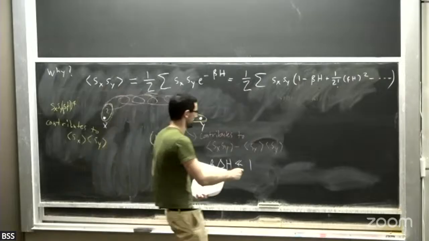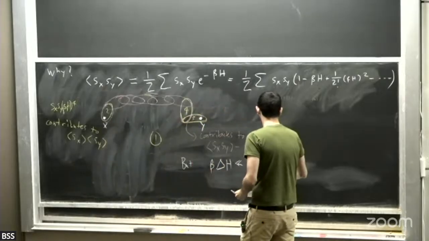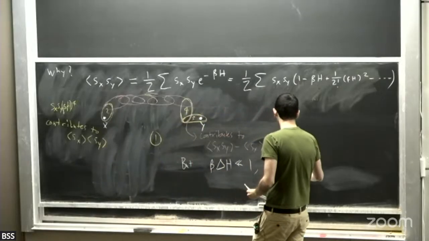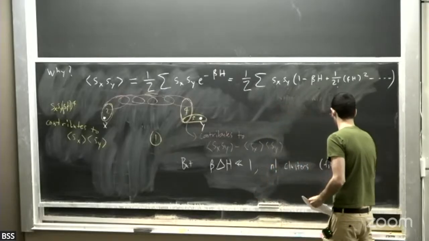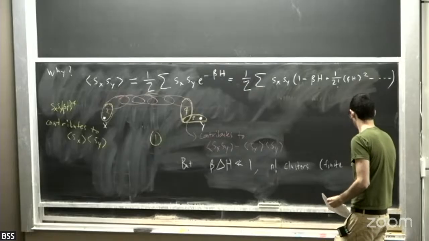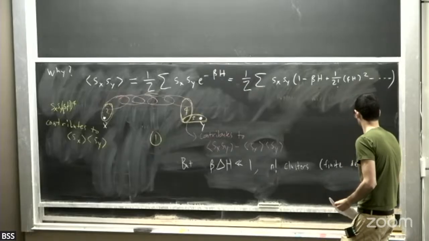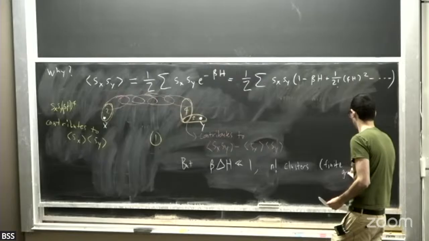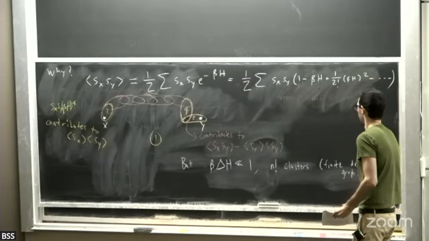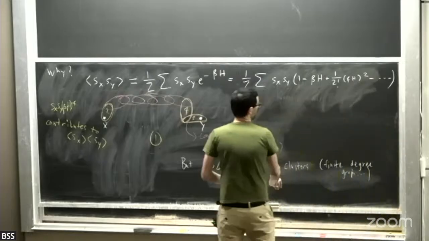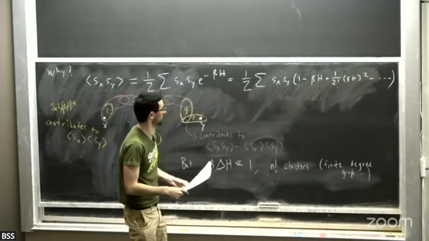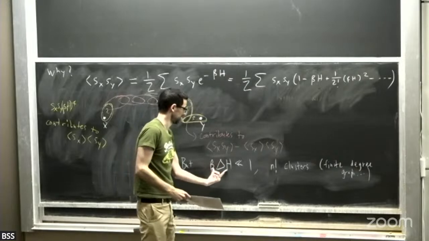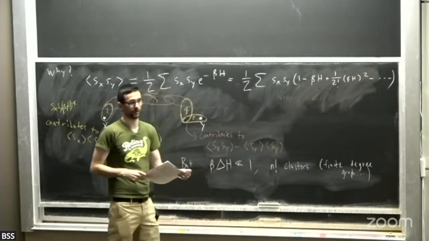And there are at most, let's say, n factorial of these clusters if I'm on a graph with finite degree, which I'll assume for simplicity. And we have an n factorial here. It could potentially undo the factorial in that series, but this is still small. So this series will converge.